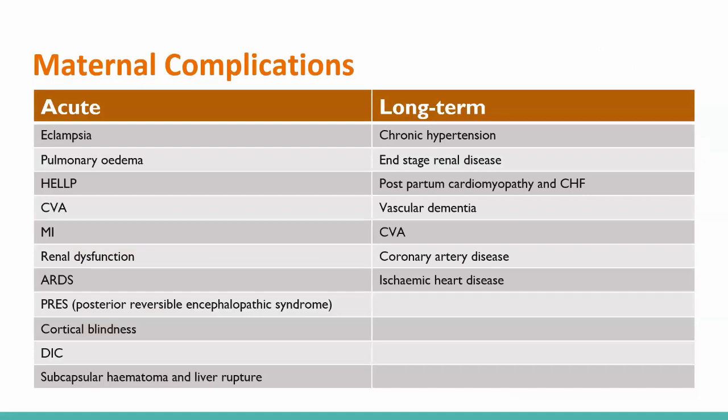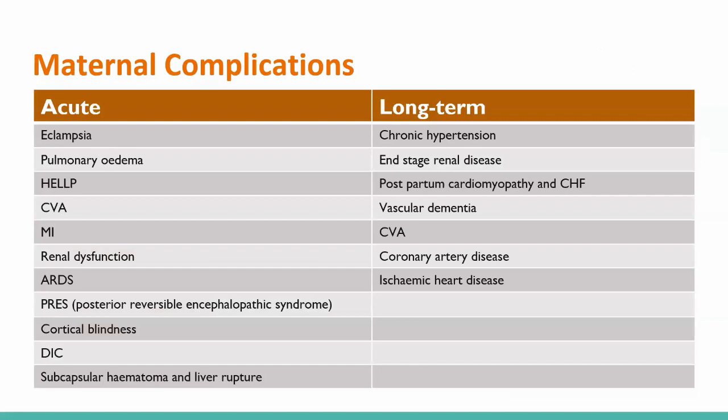In terms of maternal complications, we have acute and long-term. For acute, we see eclampsia, pulmonary edema, HELLP syndrome, CVAs and MIs, renal dysfunction, acute respiratory distress syndrome. We also see posterior reversible encephalopathy syndrome, which is a white matter vasogenic edema that affects the posterior occipital and parietal lobes of the brain.